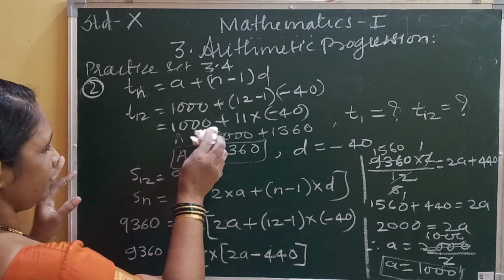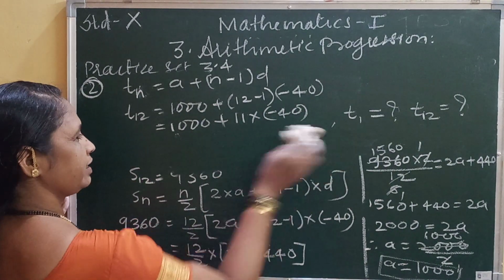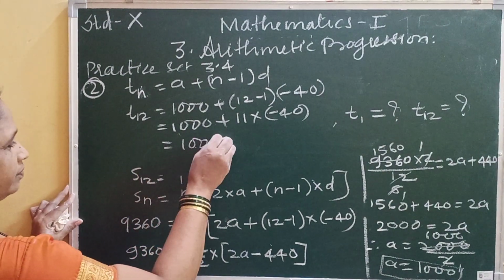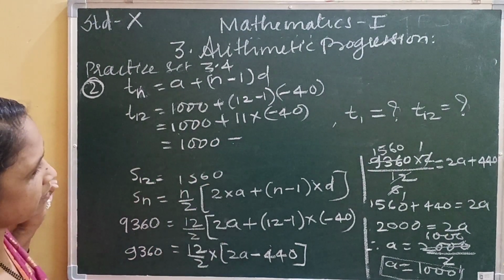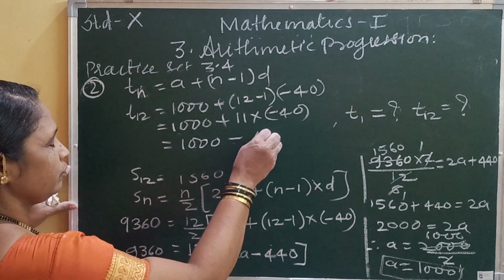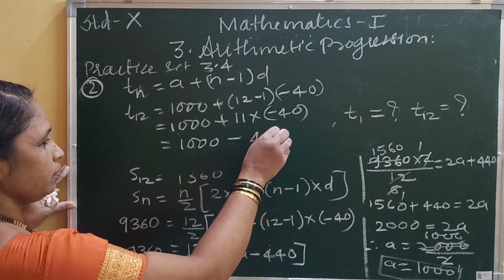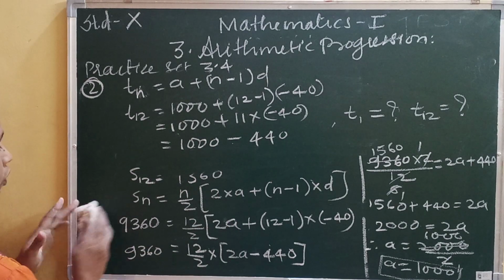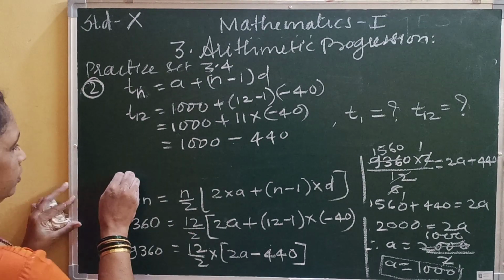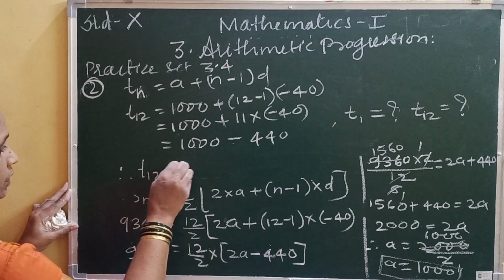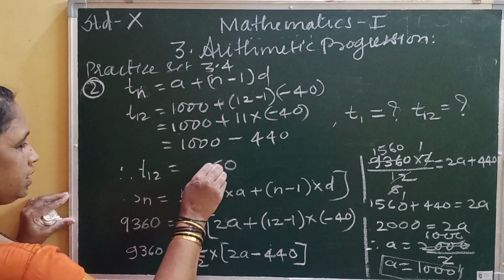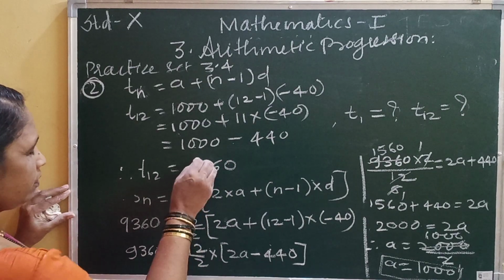Now see here, again we should not commit mistakes. So what we have to do here? 1000 minus, it will come how much? 440. 11 fours are 44 and 0 means 440. Therefore, T12 is equal to how much? 10 minus 4 is 6, 9 minus 4 is 5.